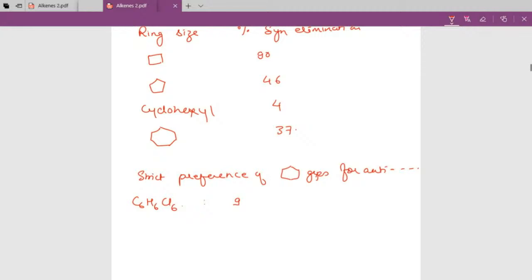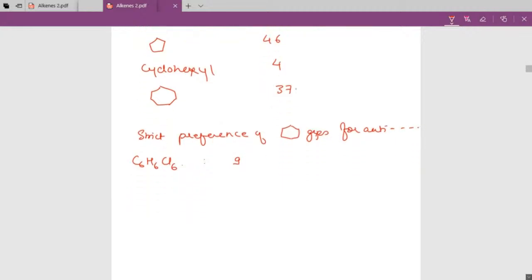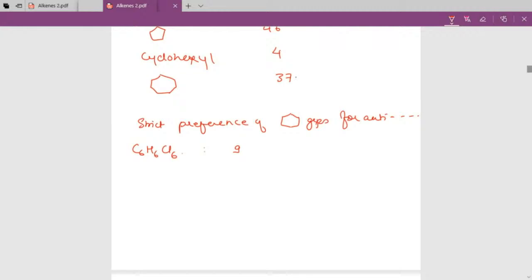Now when we put these 9 isomers in reaction with alcoholic KOH, a strong base, the variation in rate is 7 to 24 times 10 power 3. Its rate varies from 7 into 10 power 3 to 24 into 10 power 3.